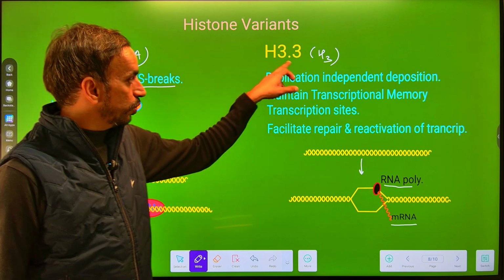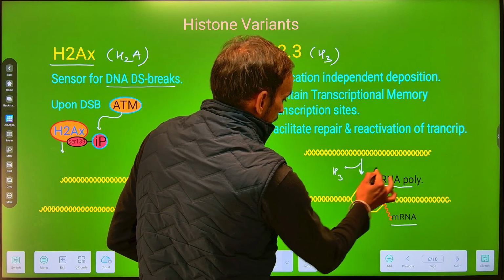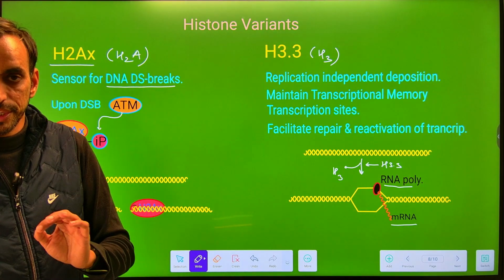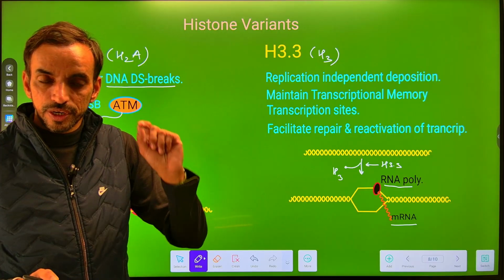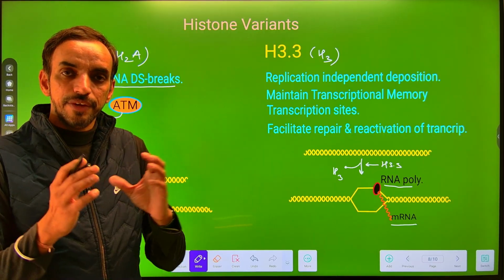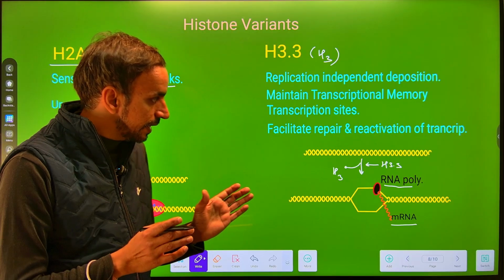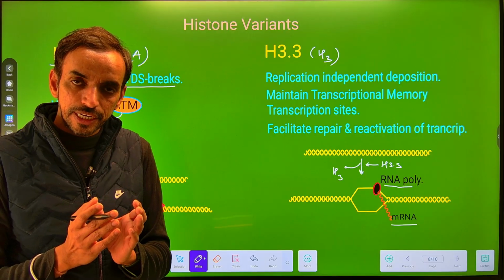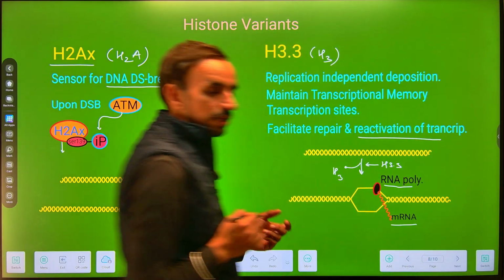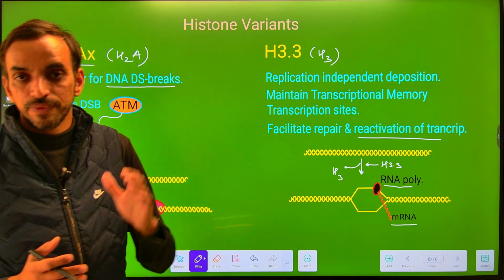Now, during this, there is a replacement of this H3 by H3.3, and this H3.3 helps in the recognition, or we can say it helps in the memorization of the active sites, as well as if there is a damage during the transcription process, it stops the transcription, recruits the repair mechanism, and after repair it reactivates the transcription. So this also is involved in repair during the process of transcription.